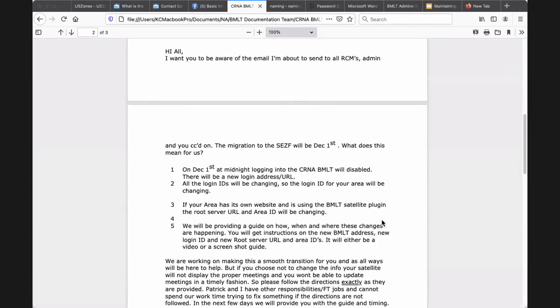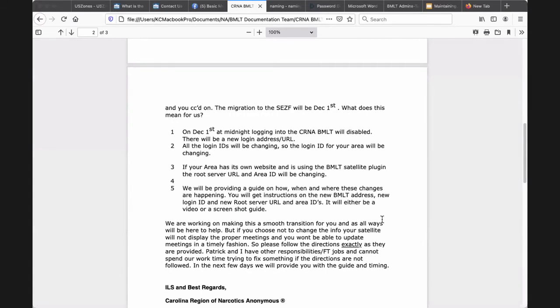So with that, I put together when it's going to happen, what switches are going to be thrown, where you're going to be putting in your different information, and then I crafted the emails and included screenshots so that it could be a walkthrough.